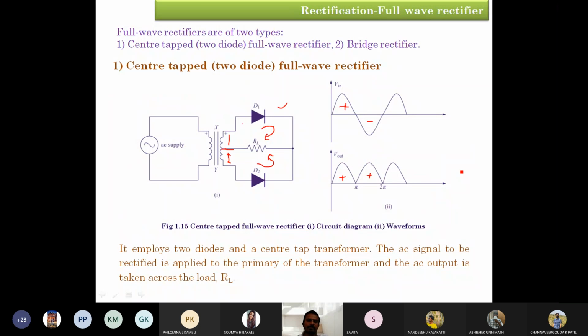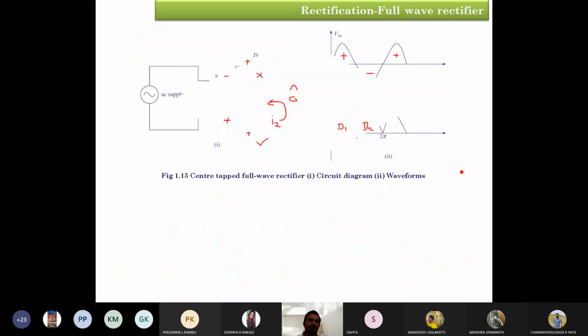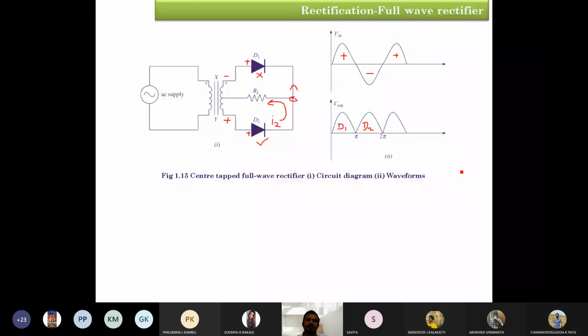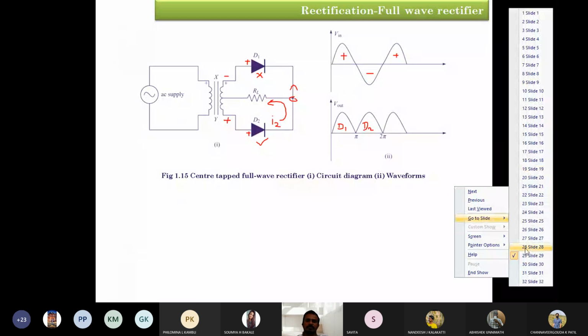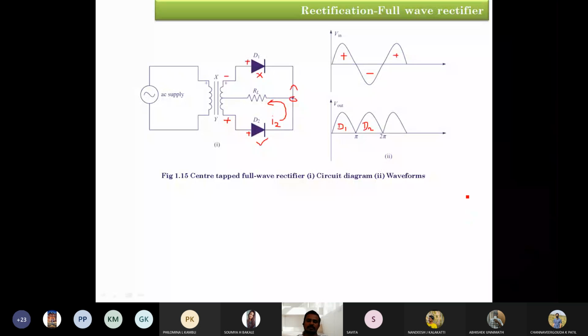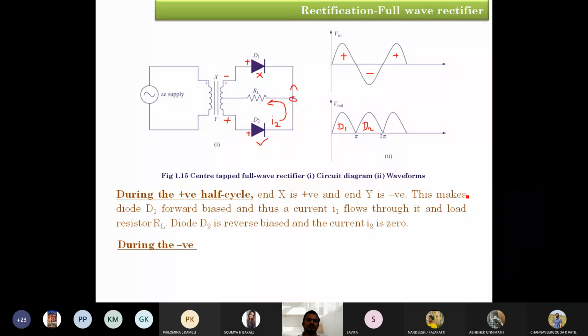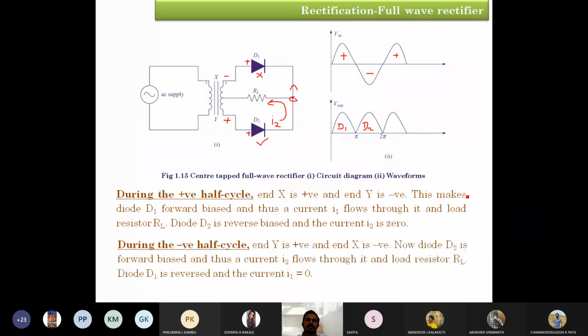Then we had a discussion about the working phenomena of this center tapped full wave rectifier during positive half of the input and negative half of the input.